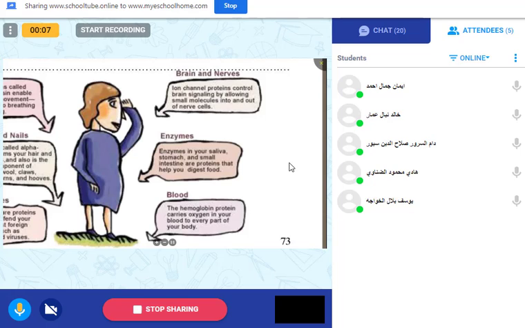Very good. Hadi or Yusuf, can any one of you read about enzymes? Hadi or Yusuf, can any one of you read about enzymes? Hadi, Yusuf.